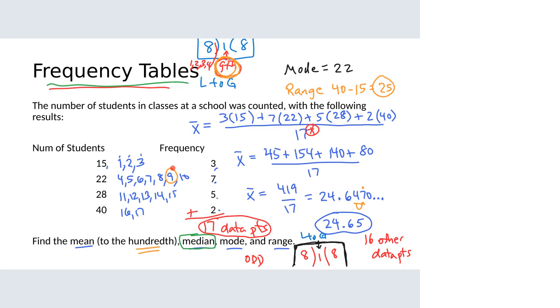I was looking for the 9th one from least to greatest. The 9th one happens to be a 22. So the median of this data set is 22. The number that would be in the middle is 22. Let me know if you have any questions on that before I have you try one.